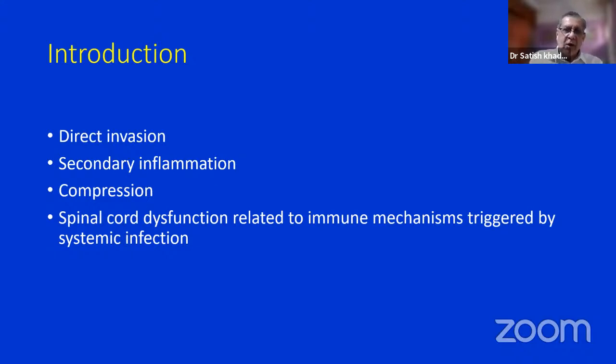The structures may be compressed, or fourthly, there may be a spinal cord dysfunction related to immune mechanisms triggered by systemic infection. So these are the four ways in which the spinal cord gets affected. Spinal cord dysfunction related to these four mechanisms.